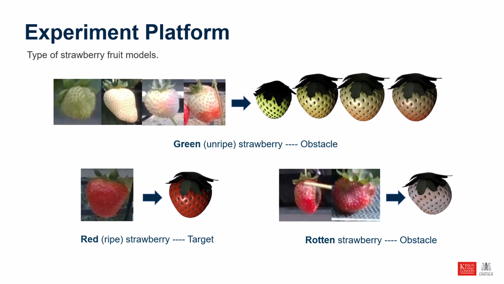The strawberry models were created using software called Blender and can be easily distinguished from each other by their colors. You can see the strawberry models here. The obstacles in the game include green strawberries as well as rotten strawberries. Overall, the model is designed to represent scenes that a robot could view when working during the harvesting period of Amesti strawberries.